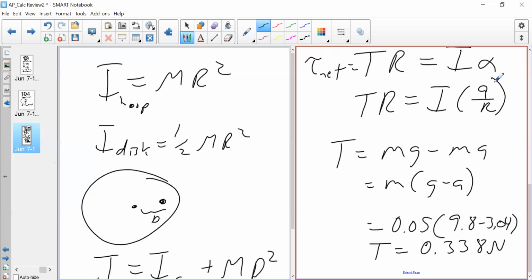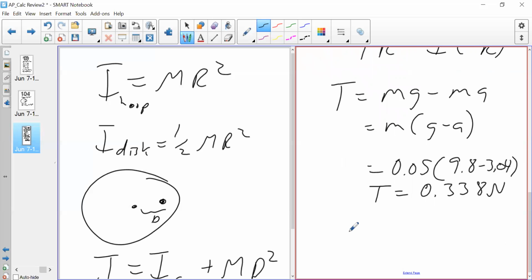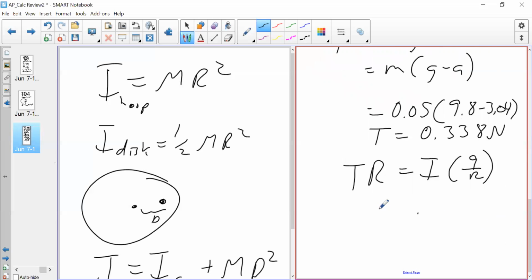We have our acceleration already from part A. So then this becomes TR equals I A over R, and you multiply R to both sides, so I equals T R squared over A. Then that's 0.1 squared.